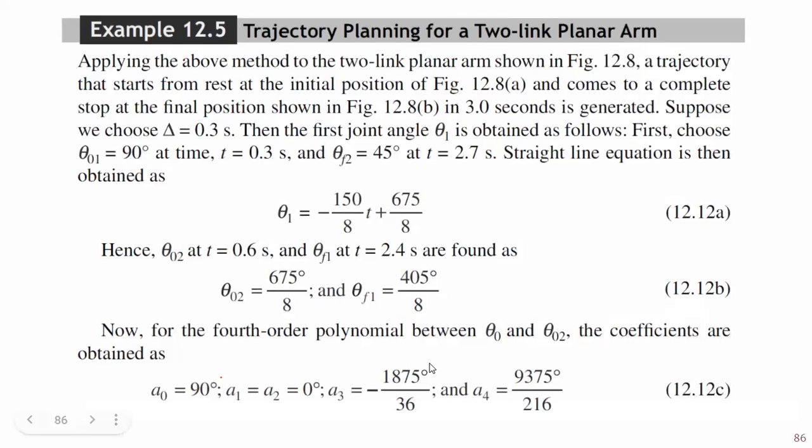Now for the fourth order polynomial between theta naught and theta 02, the coefficients are obtained as a naught is equal to 90 degree, a1 is equal to a2 is equal to 0 degree, a3 is equal to minus 1875 divided by 36 degree, and a4 is equal to 9375 divided by 216 degree.